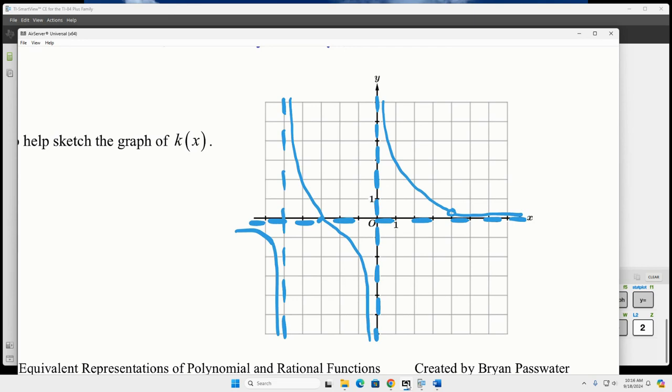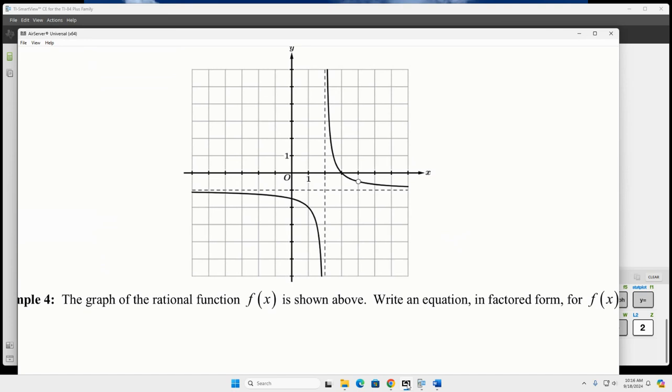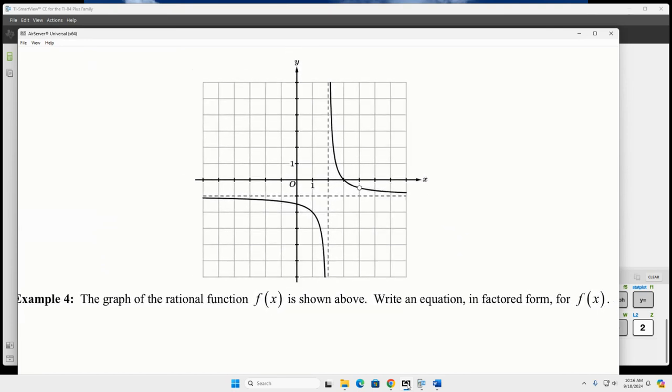Okay, the last 2 things we're going to do is we are going to be given the graph, and we're going to write the equation. I feel like if you can do these, then you have a really good understanding of all the parts of a rational function. And so when I look at this rational function, I need to pick out all the characteristics. One of those things is a 0. Does this one have a 0?